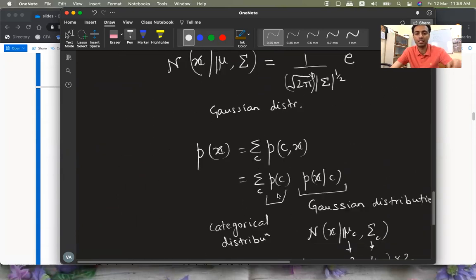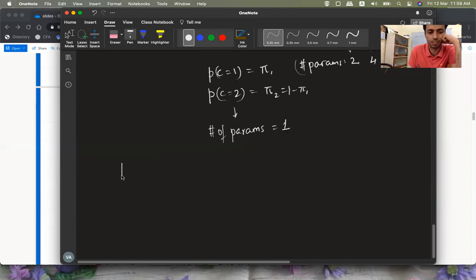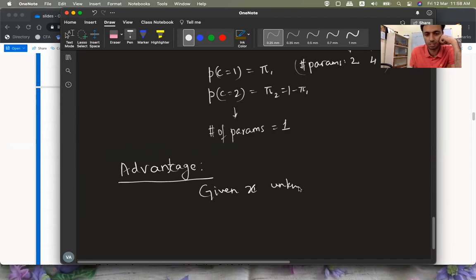The advantage, which is very important for speech recognition also, is that given an unknown point x, I can estimate what is the probability of x.